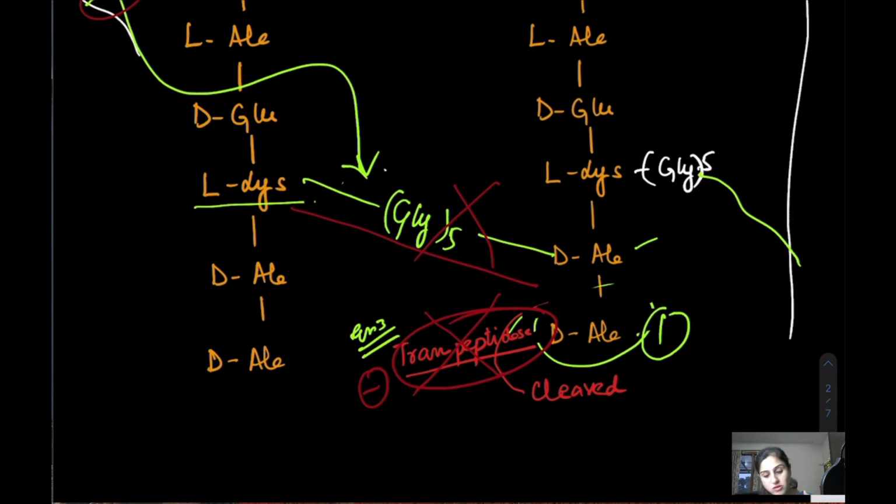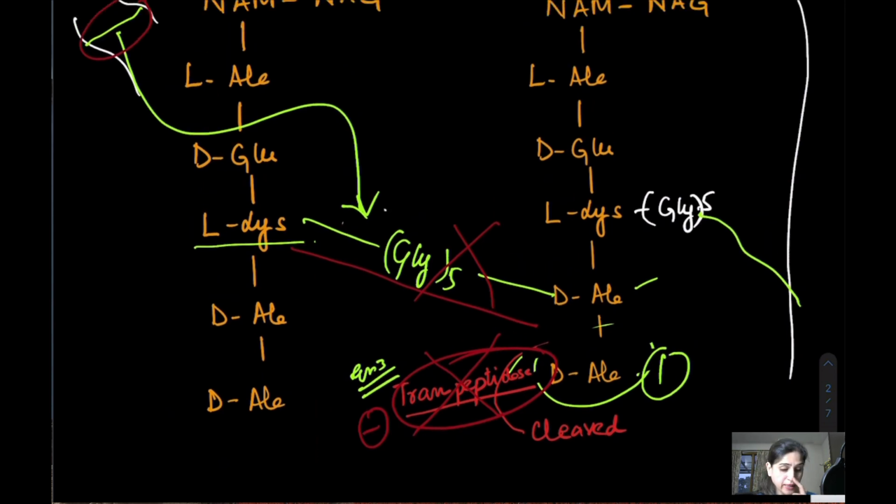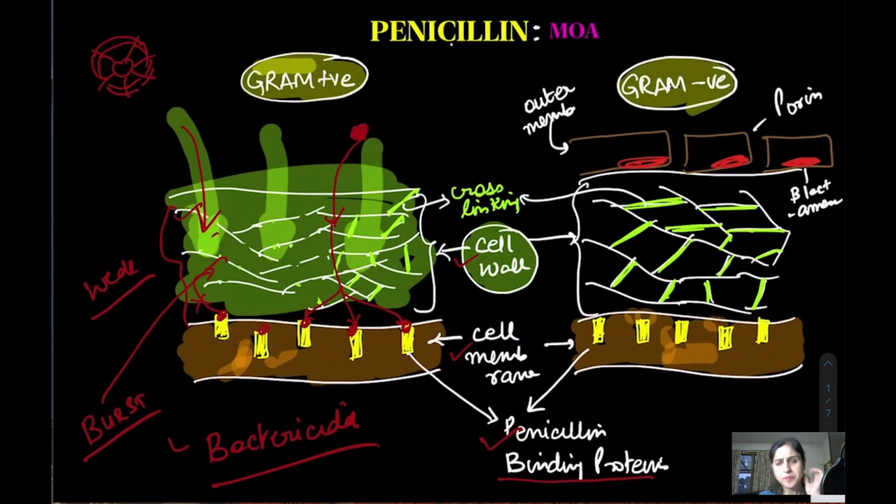And when this bond is not formed, there will be a weak cell wall, and weak cell wall means they're going to burst because a lot of fluid is going to enter inside. It's going to lead to cell swelling and burst. Also, some penicillins decrease some important lysines, and they kind of destroy this. So this is the main mechanism of penicillin, and this is why they are effective against gram positive.